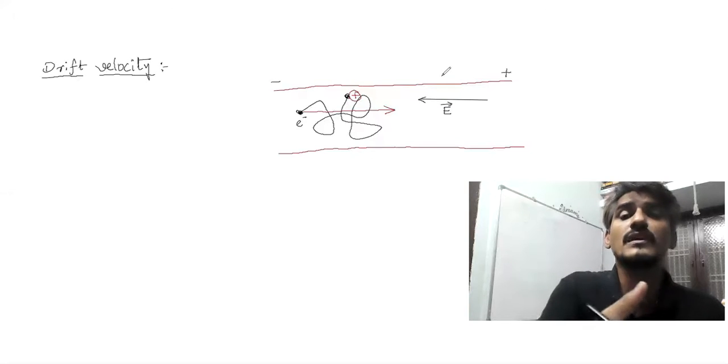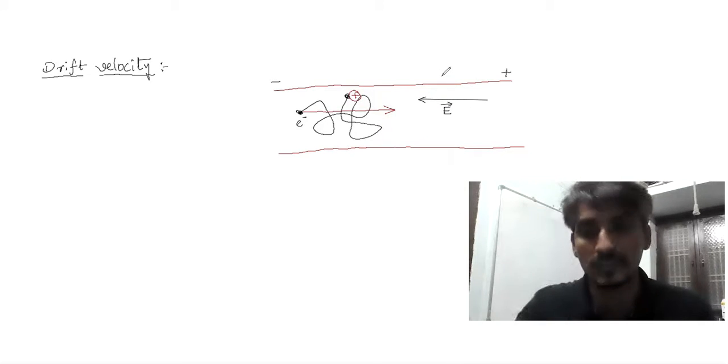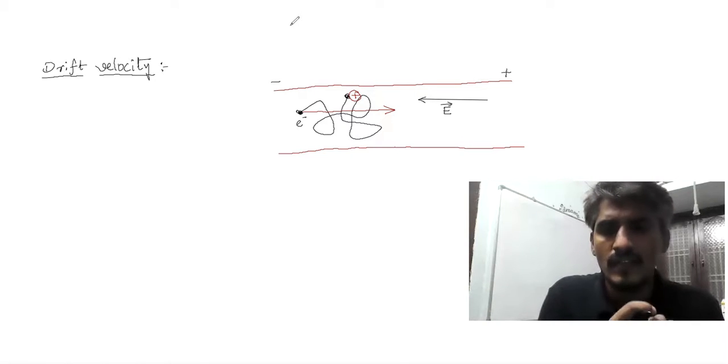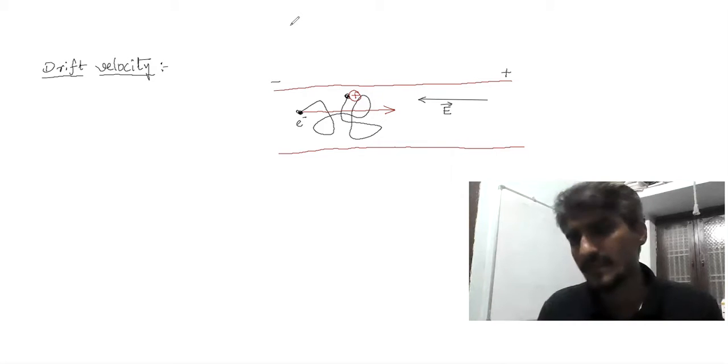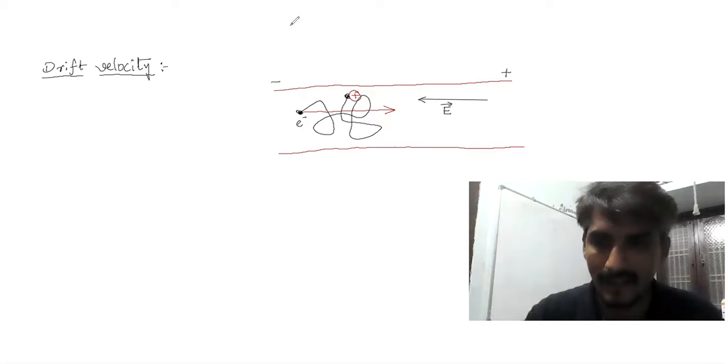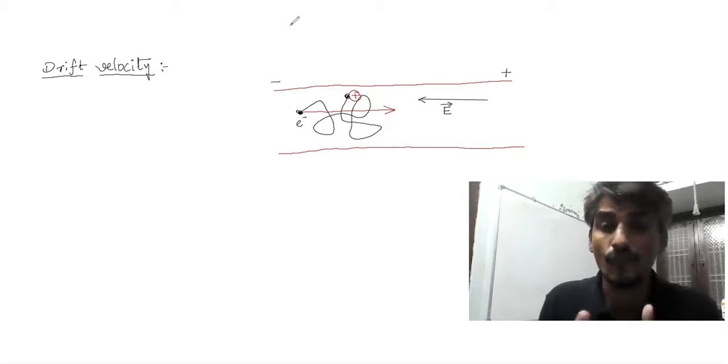So due to that force, again it tries to accelerate opposite to the electric field. It tries to remove the bonding from the atom, from the lattice. Then again it comes out of the lattice and again moves opposite to the direction of the electric field. It accelerates.